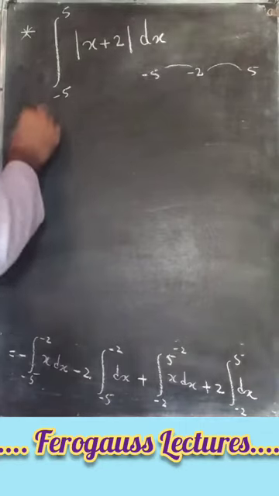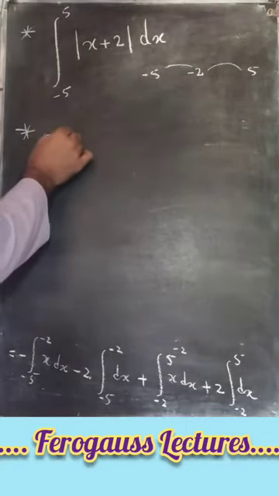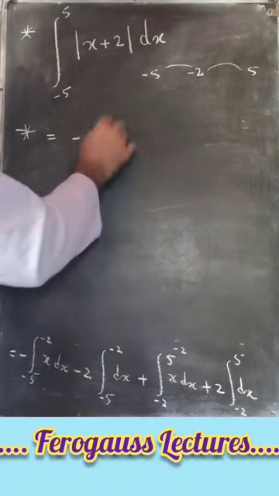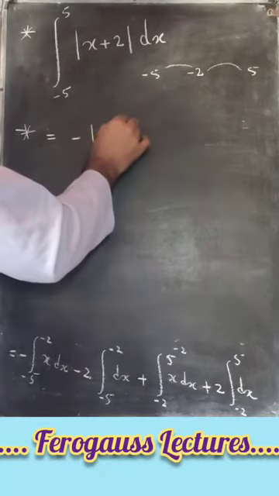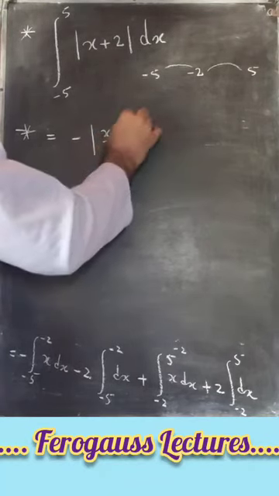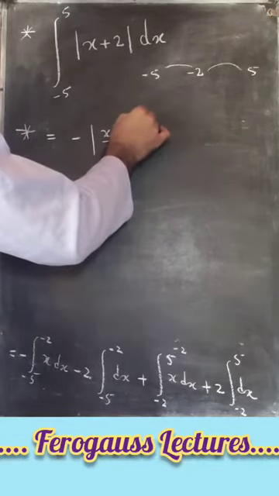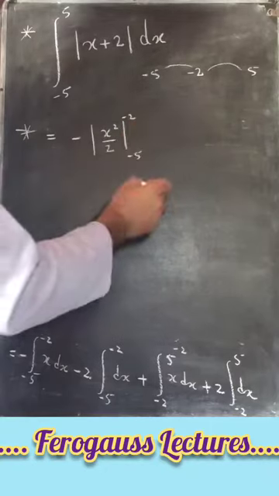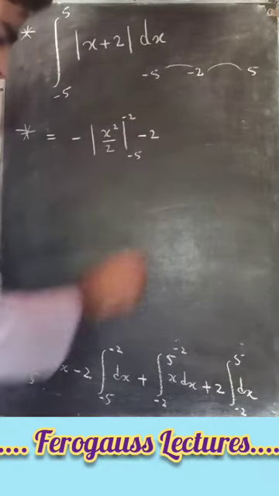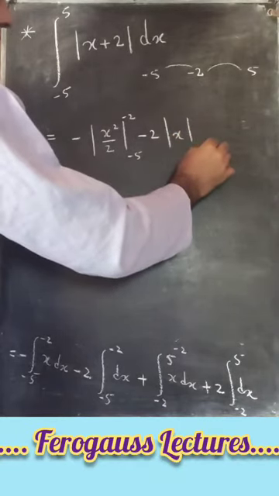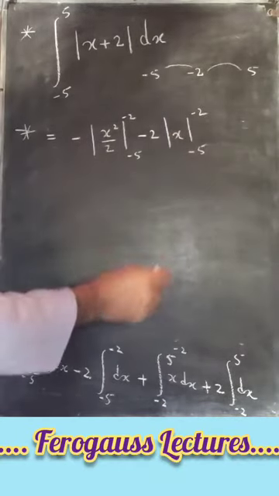Now this is further equal to minus times integration of x is x square by 2 with limits from -5 to -2. Then we have -2 times integration of dx, that is x, limits from -5 to -2.